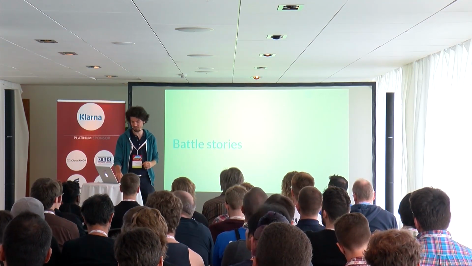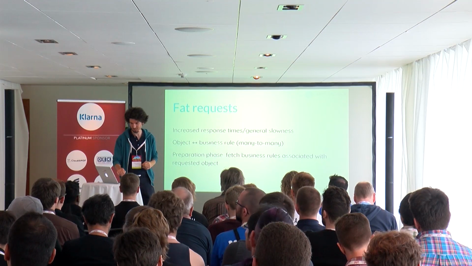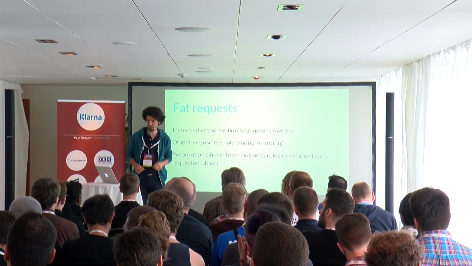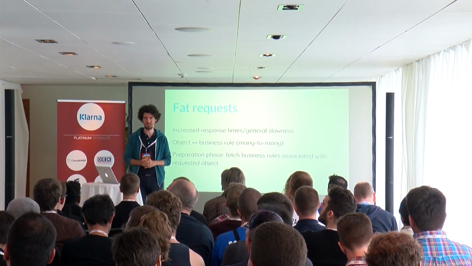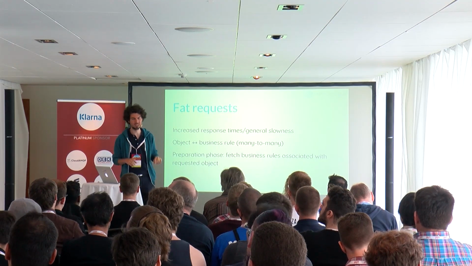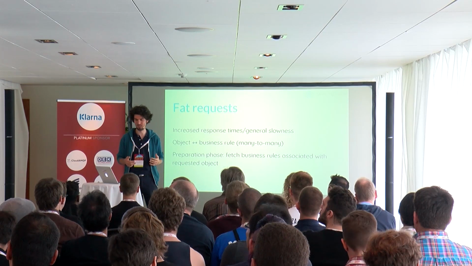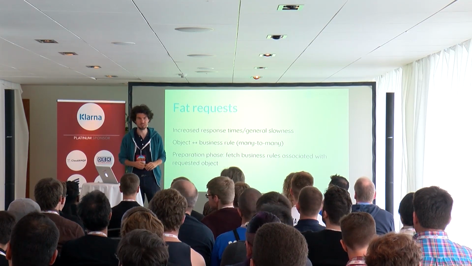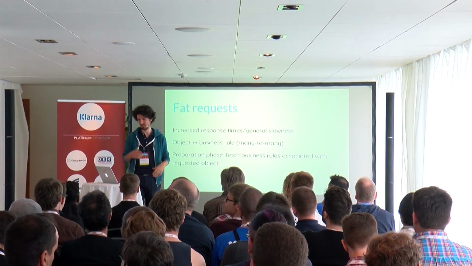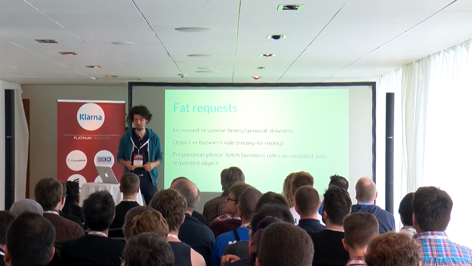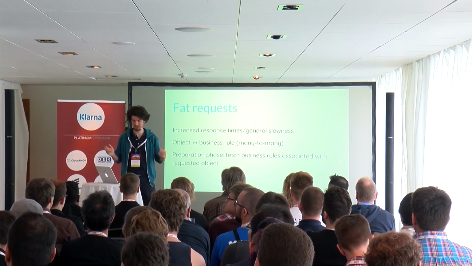So let's see some real-world use cases. First, the original issue, which I named the fat requests issue. As I said, the system performance was degraded for some mysterious reasons. We saw increased response times and general slowness.